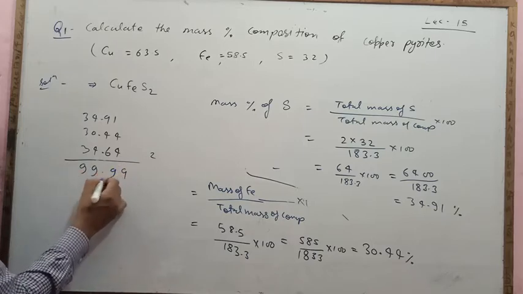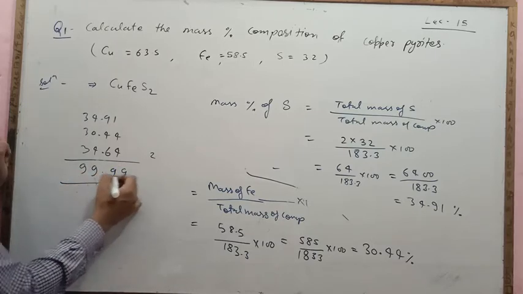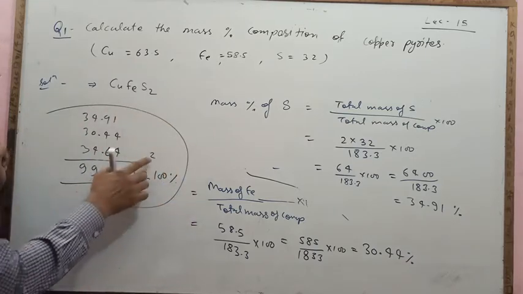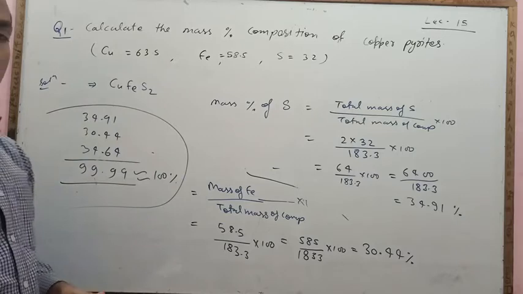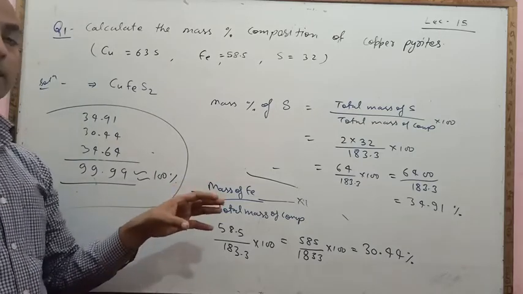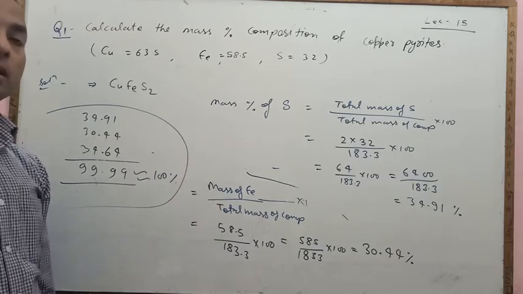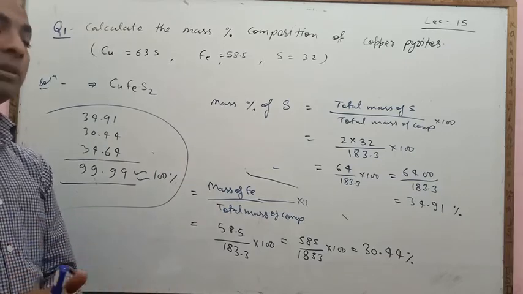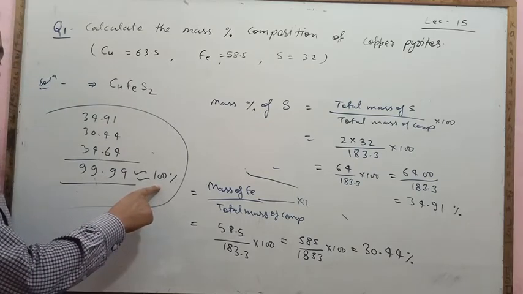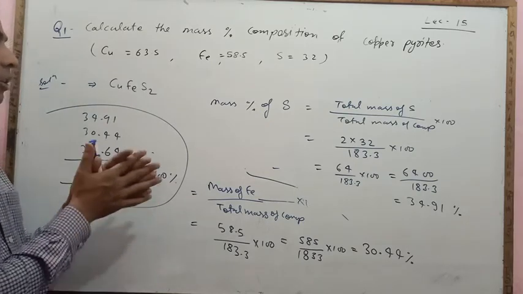Look here, 99.99 is nearly 100%. It is proved that for any compound, the sum of the percentages of its constituent elements always equals 100. It proved that it is correct.